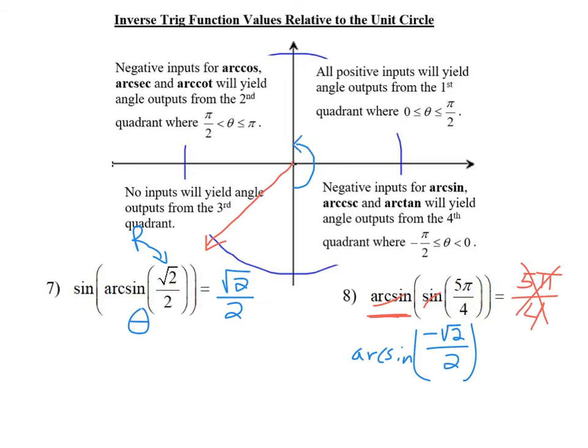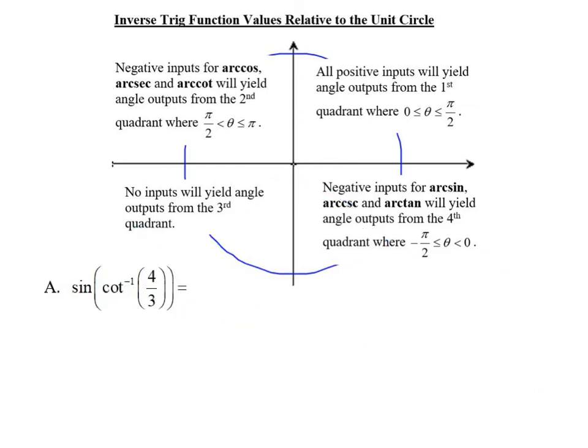So we can't be giving back 5 pi over 4, and where we're going to be negative would be in the fourth quadrant, right? So we should be looking right here in the fourth quadrant. Now, remember, you might be thinking, oh, that's 7 pi over 4 for the answer, but no, we need to make sure our number is between negative pi over 2 and 0, so we have to go with negative pi over 4 for our answer. If you said negative pi over 4, great job.